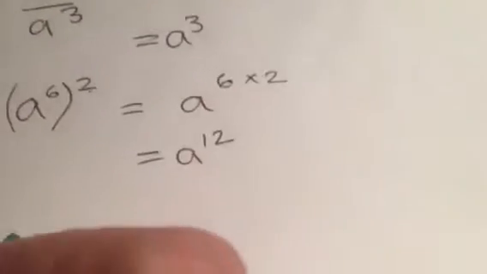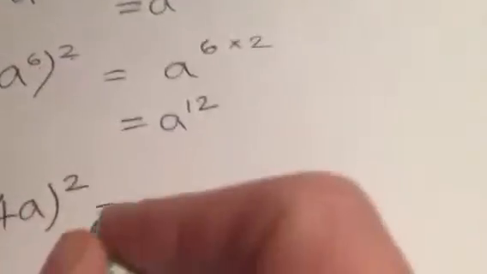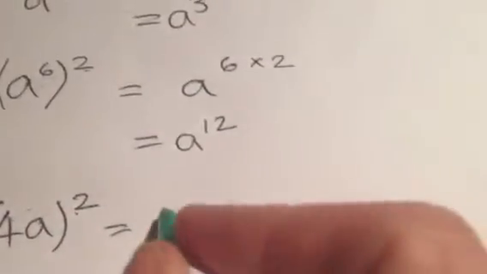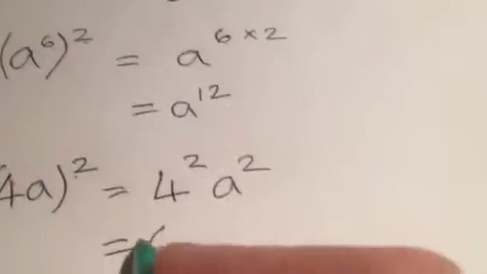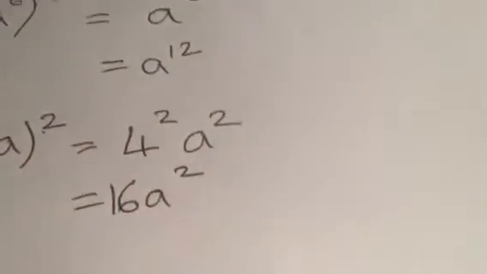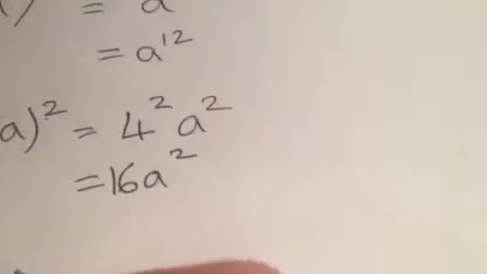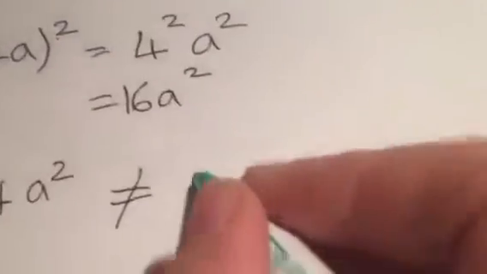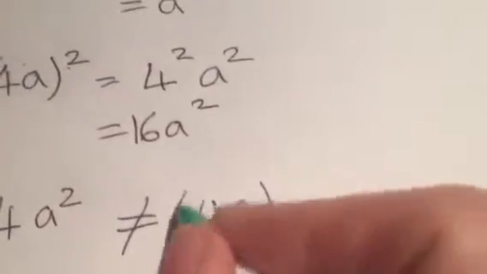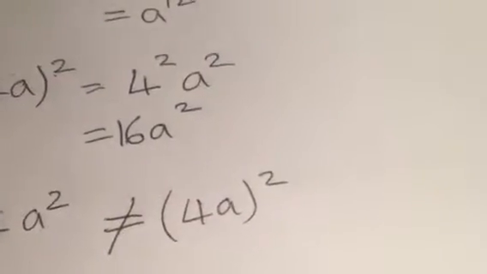If you have something like (4a)squared, then you square the 4 and you square the a, so you get 16a squared. Watch out, because 4a squared is not the same as 4a all squared. The brackets are very important.